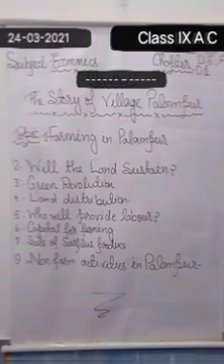Alright. After that, cropping patterns. So there are 3 types of cropping patterns followed by the people of village Palampur. Number 1 is single cropping, number 2 is double cropping, number 3 is multiple cropping. In single cropping, one single crop is grown during a year on a given piece of land.